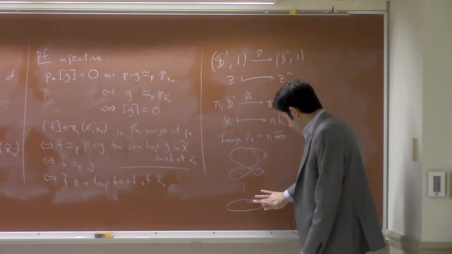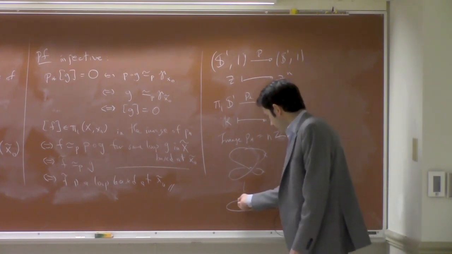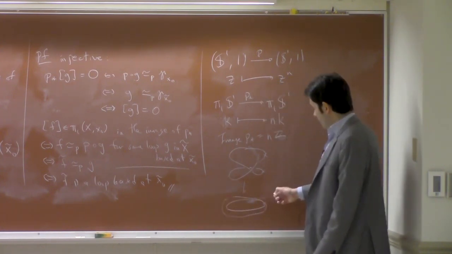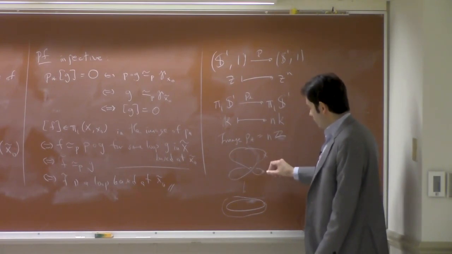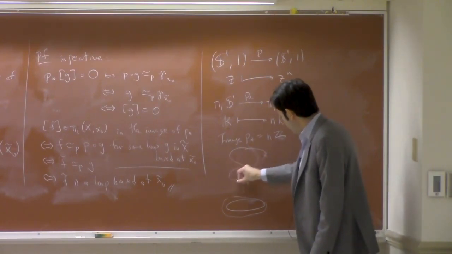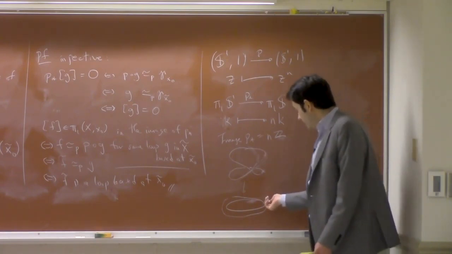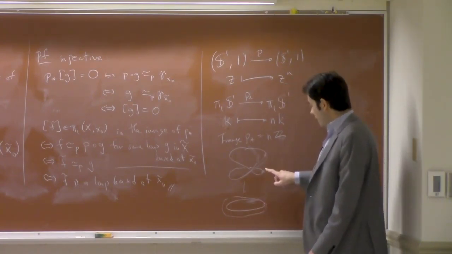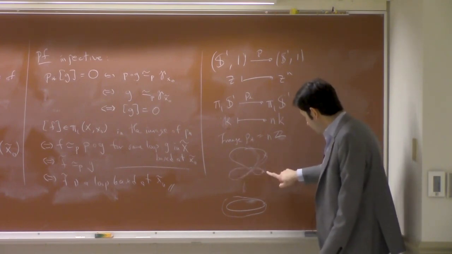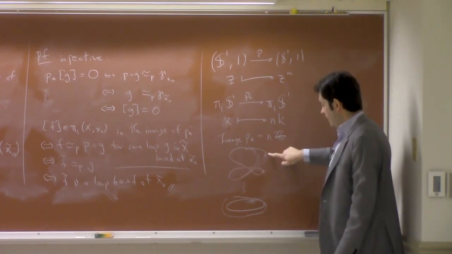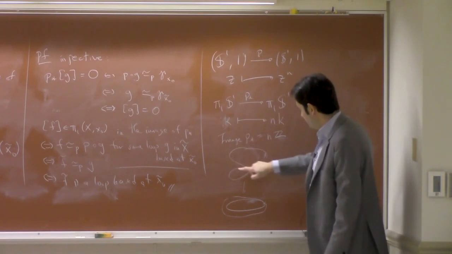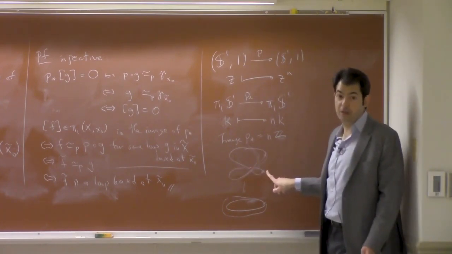So if I have a loop that goes around here once, then when I lift it, starting at this base point, it's just going to go around until it gets to the other base point, and it'll stop there. But if I have a loop here that goes around twice, then up here it'll go from this base point first to this one, and then the other time around it goes from this base point down to this one, and so it ended up with a loop.